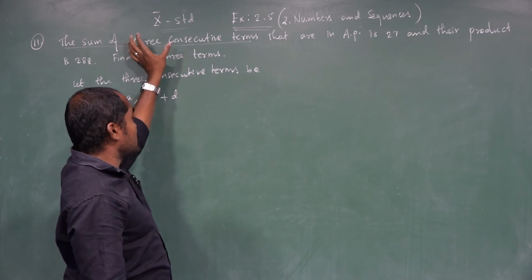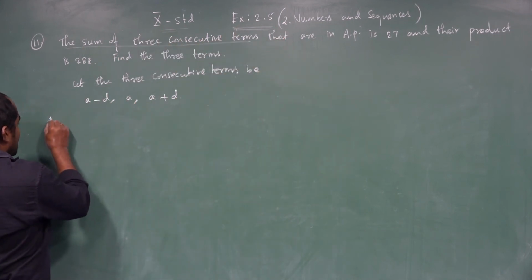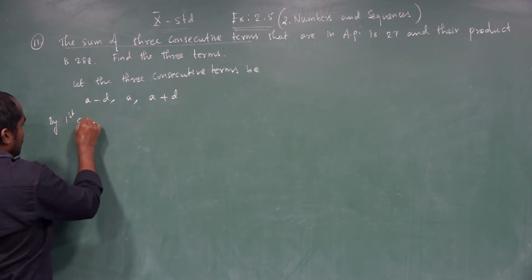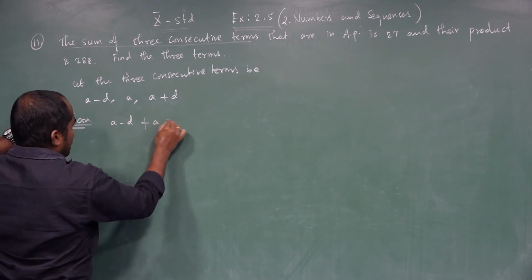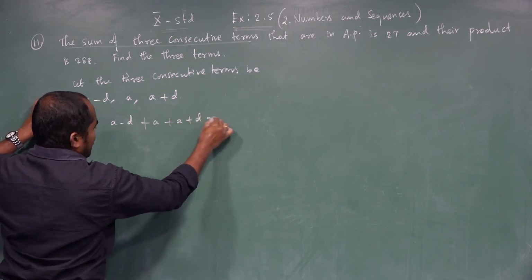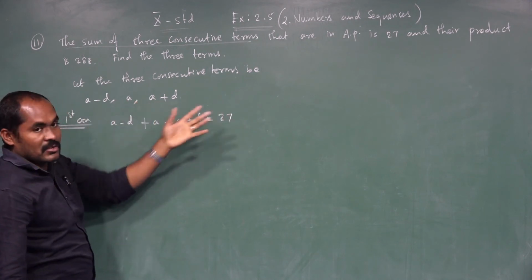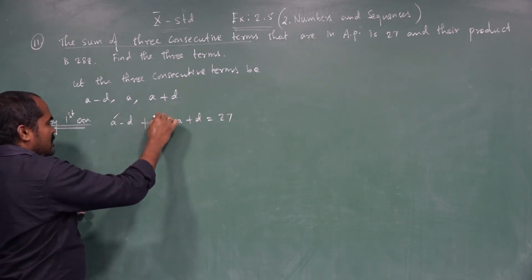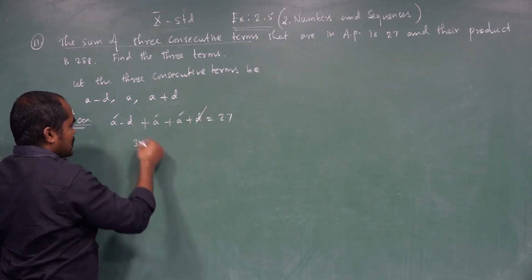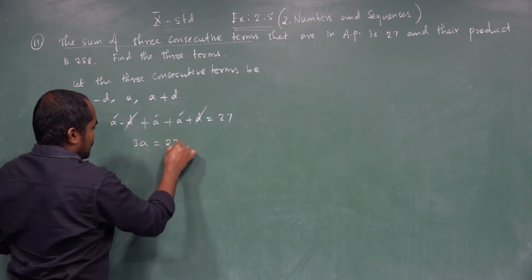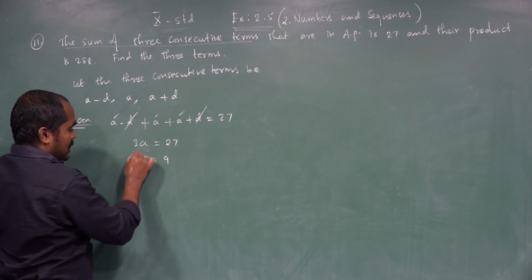By the first condition, A minus D plus A plus D equals 27. A plus A plus A is 3A, minus D plus D is cancelled, equal to 27. So A is equal to 9, because 27 by 3 is 9.